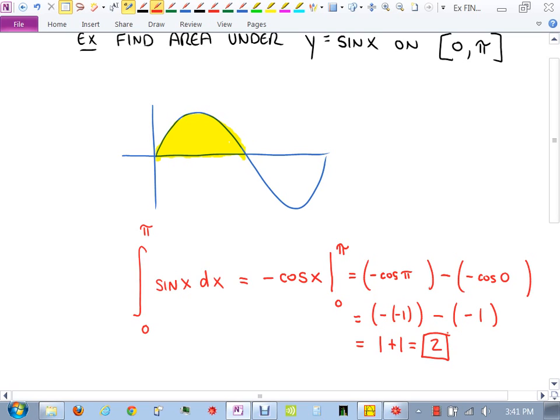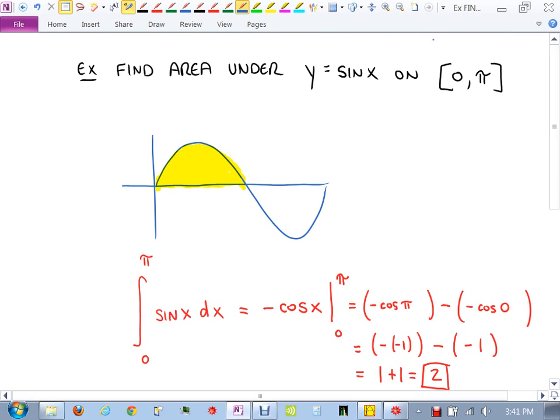Now, I'm curious, what if I were to change this problem? Instead of making it go from 0 to pi, what if I were to change it to 2 pi? Do you think the answer would be 4? Well, all that would change would be, watch, I'm working with this integral, it would be 2 pi here.